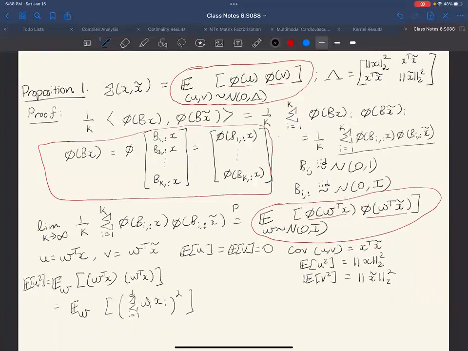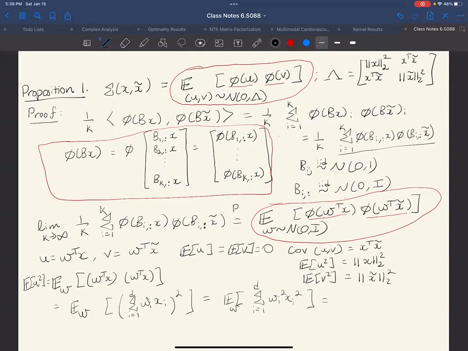And now as the W_i's have mean 0 and variance 1, and they're independent and identically distributed, this thing is just going to be exactly the expectation of the summation i equals 1 to d of W_i squared x_i squared.